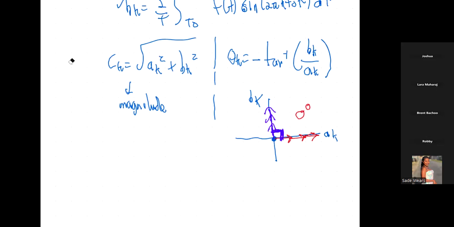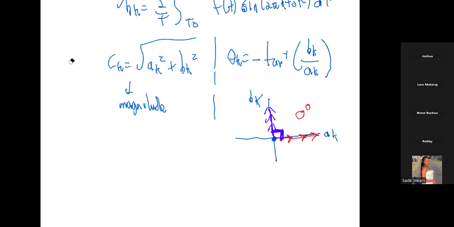They're all going to have the same phase, because one of them is zero. But if both of them are not zero, you actually get a different phase depending on what BK and AK are. And that is the end of the question.